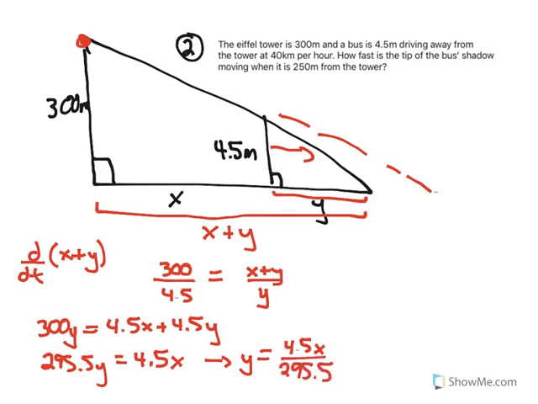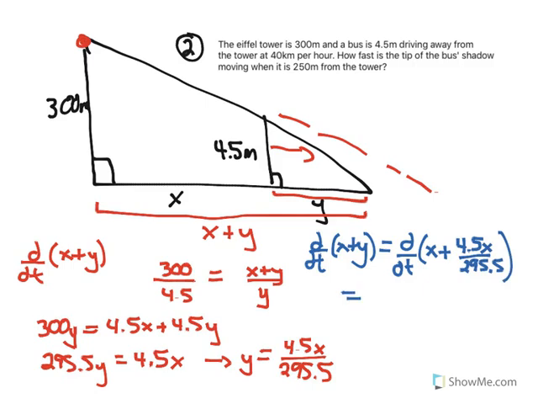Now we're ready to differentiate what we want. So d by dt of x plus y is d by dt, differentiating with respect to t, of x plus, instead of y, I'm going to substitute that in, 4.5x over 295.5.